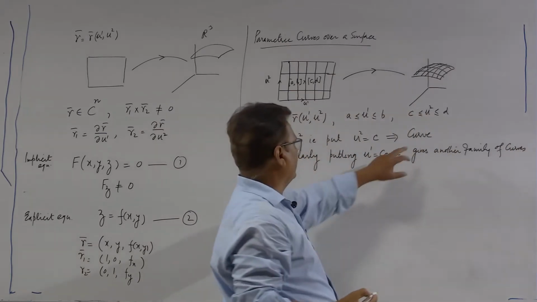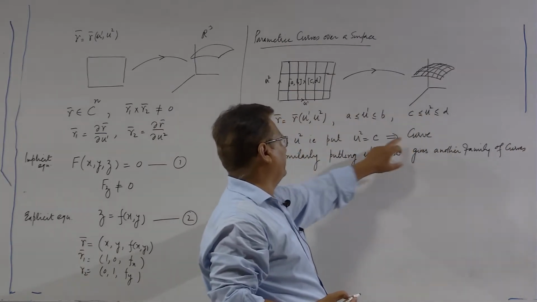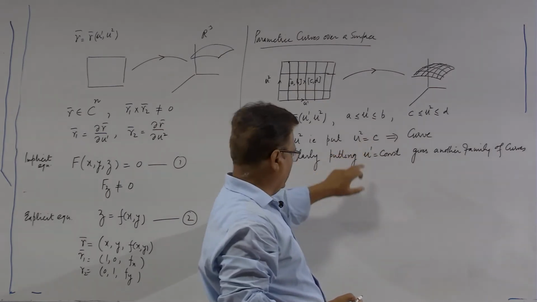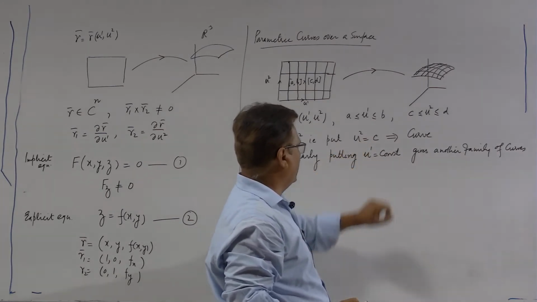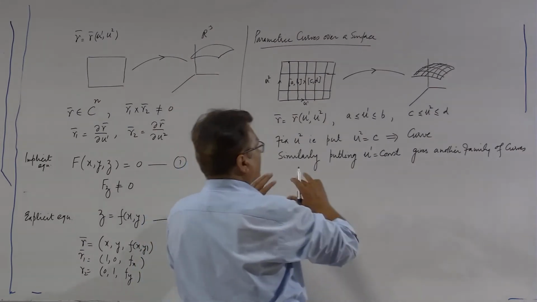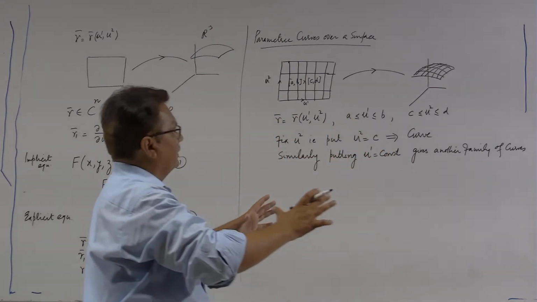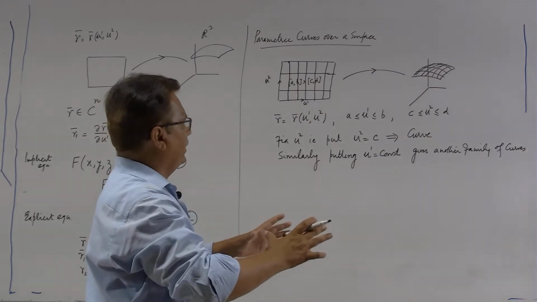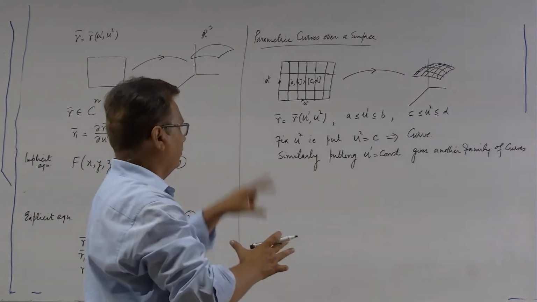So, you get one family of curves by fixing u2 equal to constant, and another family of curves by fixing u1 equal to constant. So, this entire surface is covered by two families of curves.